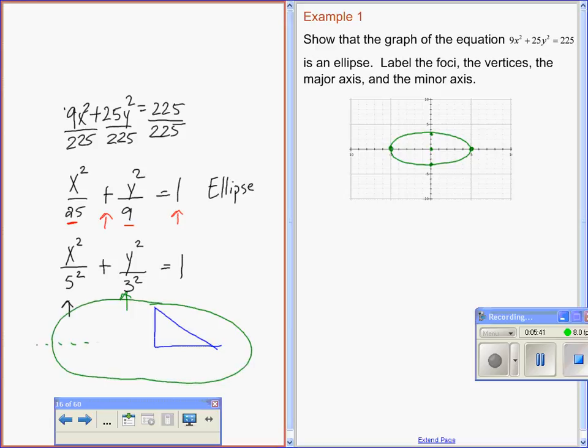So along here is our major axis, and our focal point is going to be right here. So I'm going to label that F. That's our focus. Now, although it doesn't look like it in this diagram that I have, this hypotenuse of this right triangle that you have right here is going to be the actual distance from your center to your vertex on your major axis.